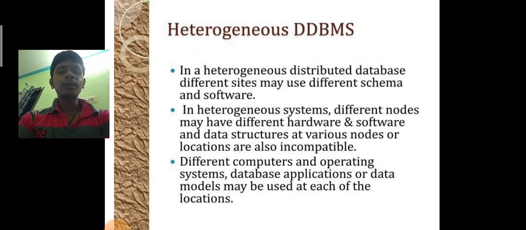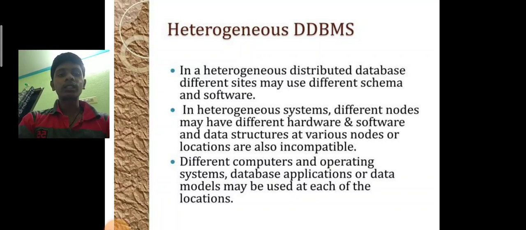Heterogeneous DDBMS. In a heterogeneous distributed database, different sites may use different schema and software. Different nodes may have different hardware and software, and the data structures at various nodes and locations are also incompatible.